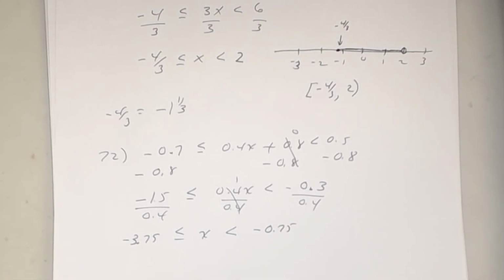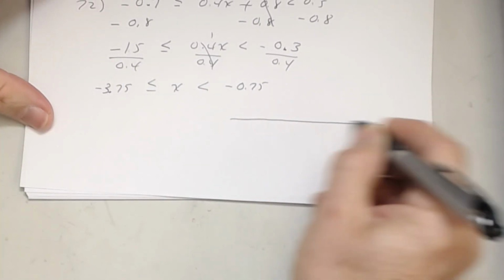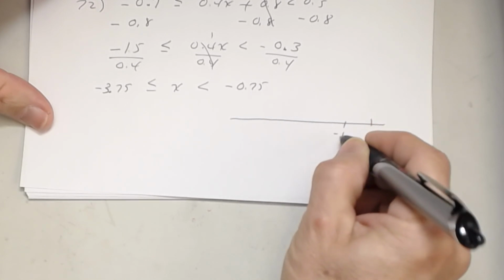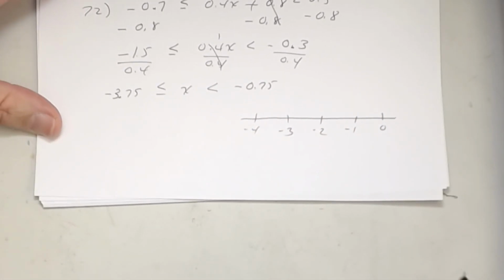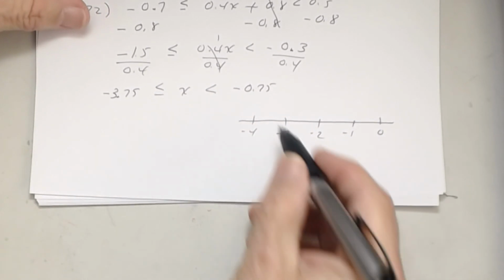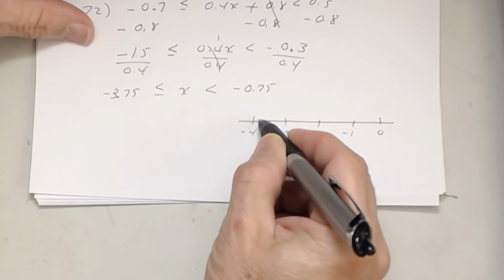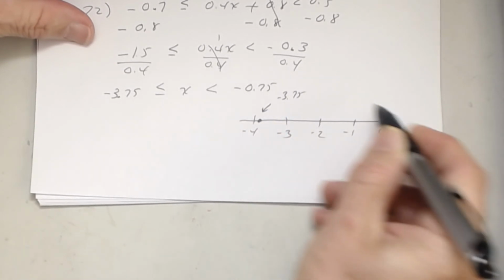All right. And so on the number line, if this is 0, this is negative 1, negative 2, negative 3, negative 4. So negative 3.75 is close to negative 4, correct? Right here, open or closed? Closed, so remember that's negative 3.75.